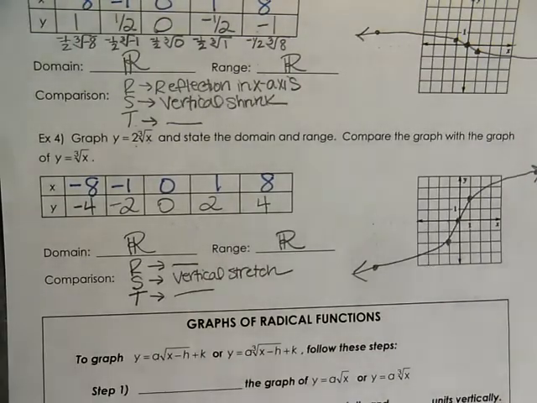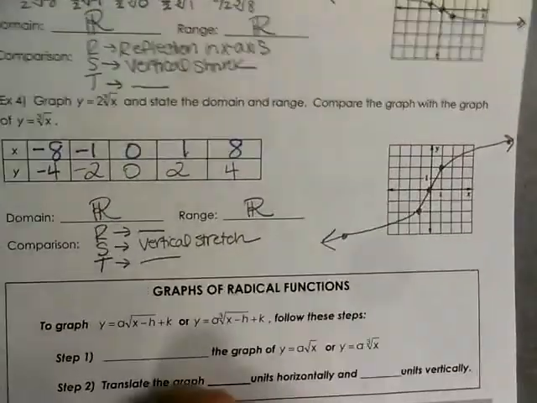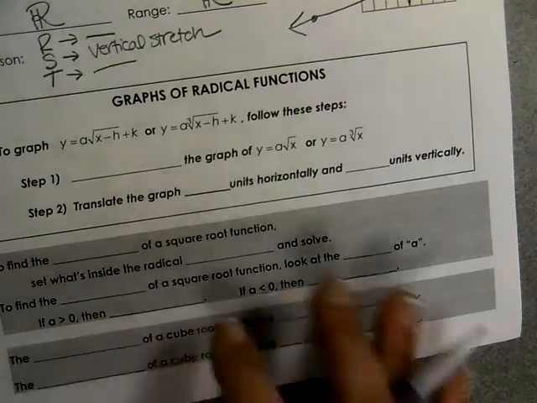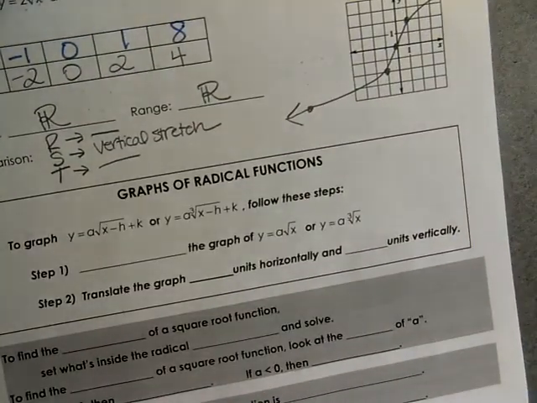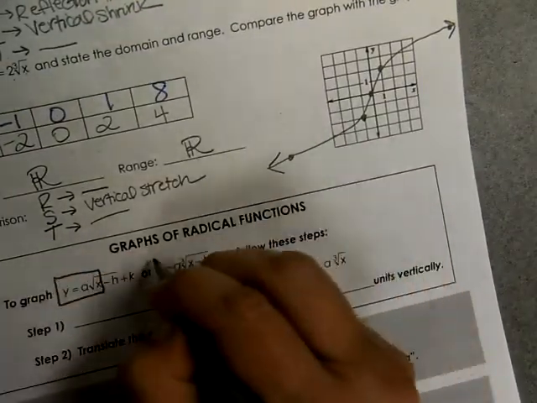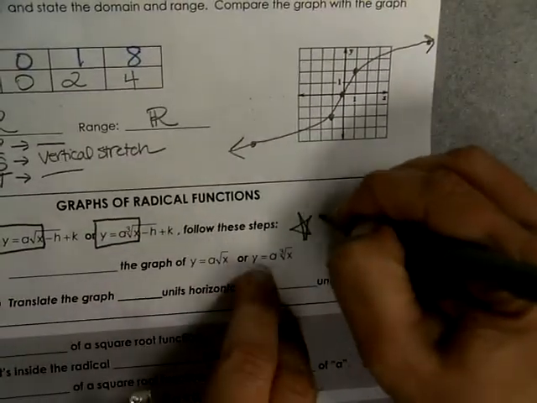So notice that even when we had an a value, it was really easy to make these tables when we chose those nice values. So then what if we throw h's and k's in there? And we knew that was coming. So what we're going to do is when we graph things with h and k, we are going to ignore the h and k in the table.